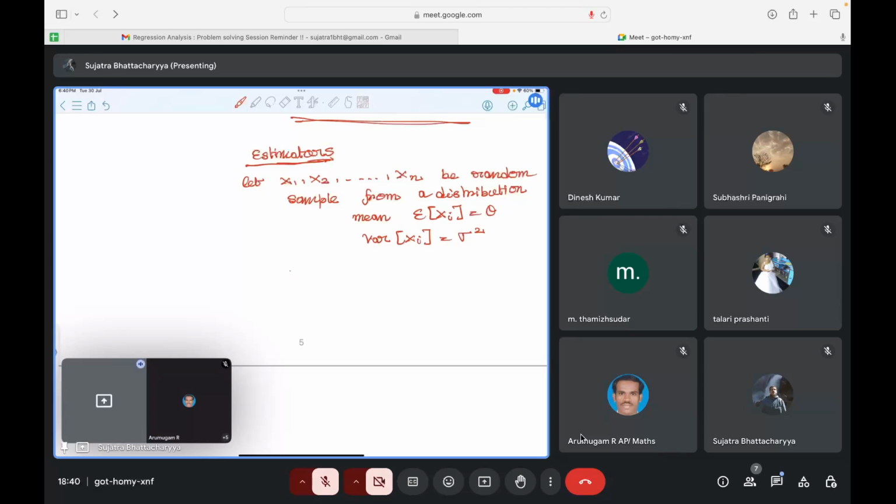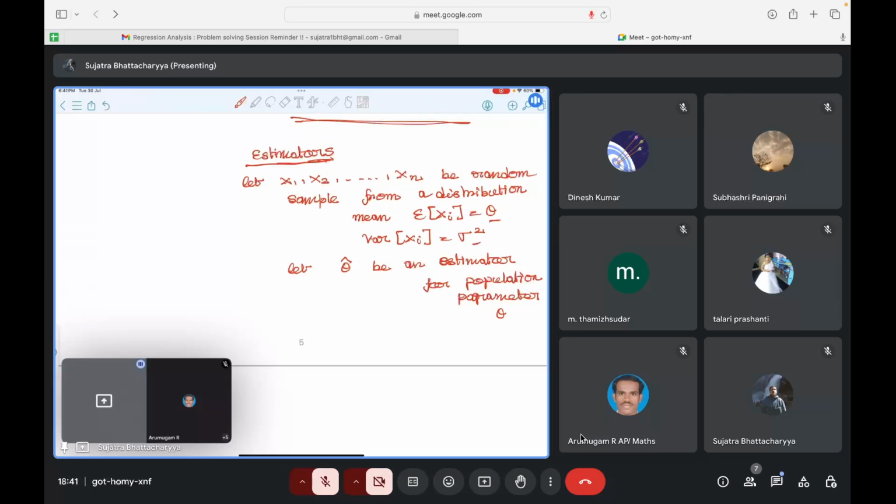Now let theta cap be an estimator for the population parameter theta. Whenever you are talking about a distribution, whatever it is, its expectation value comes; those are the population parameters. Just remember this.